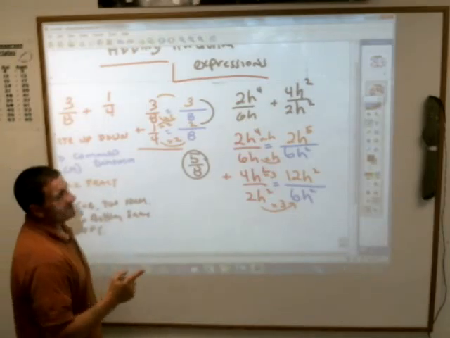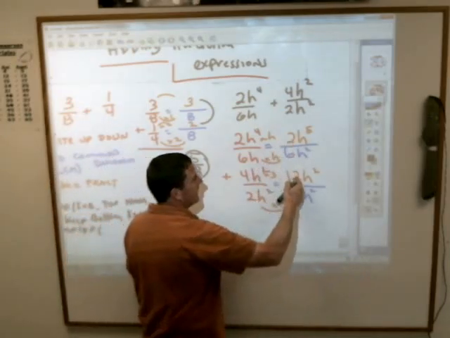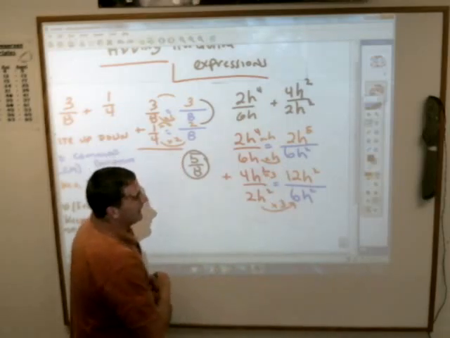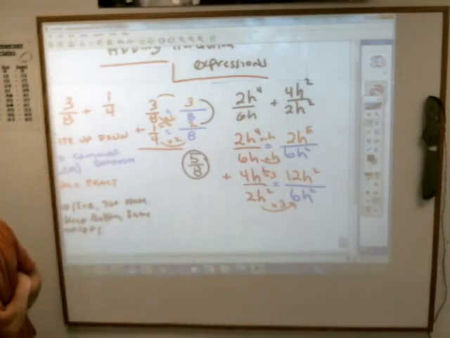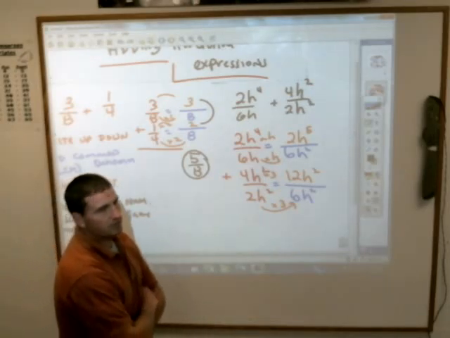Now, once you have common denominators, you add the tops together. When I add 2h to the 5th plus 12h squared, I get, you can't put those terms together, they're not like terms.